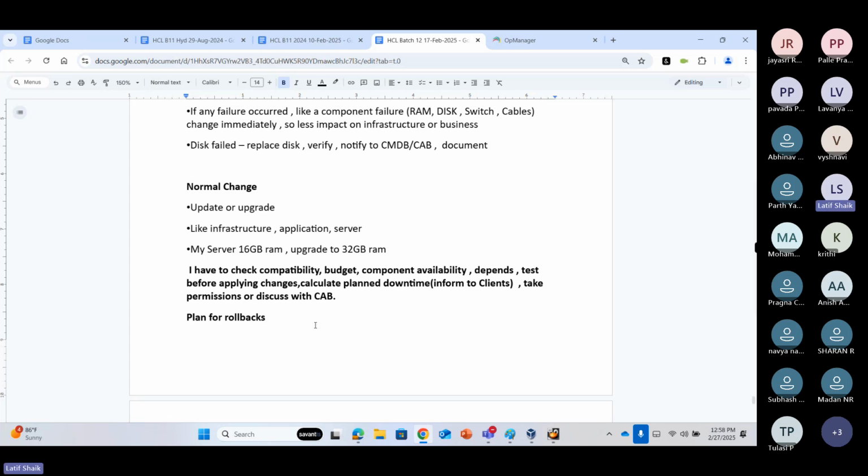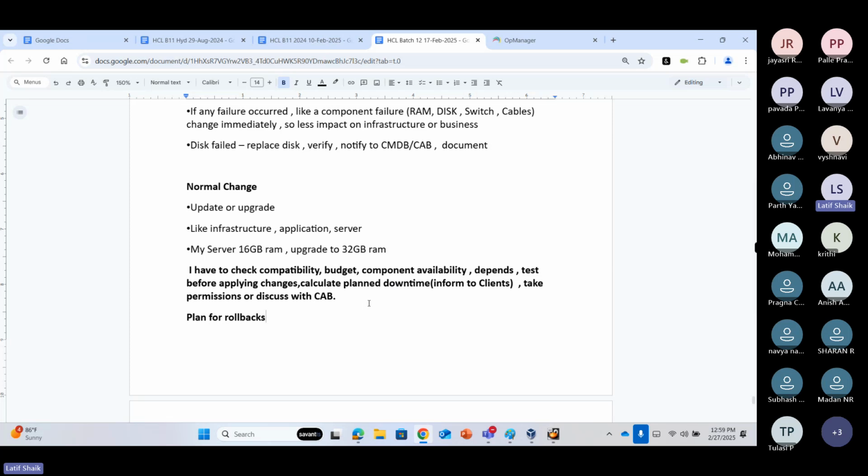So why do you keep it? For the safer side. Like that, for the safer side, you plan for rollbacks. Not that you really want to use them, because your plan comes first. These things must be correct because you have to test before applying changes.